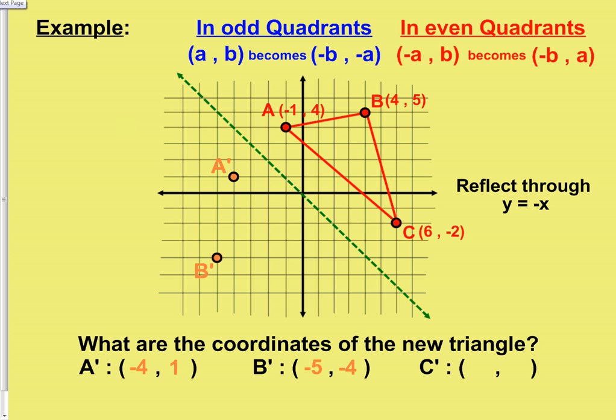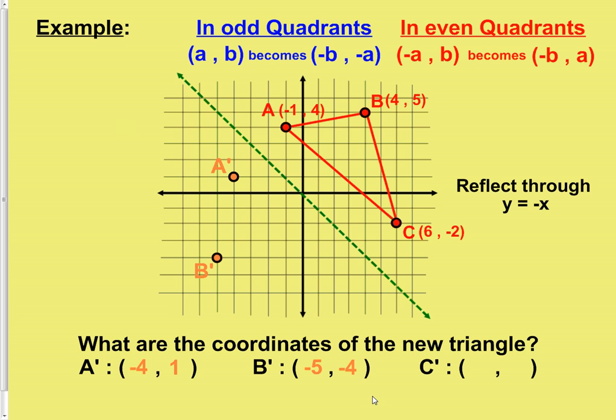Looking at point C, it lives at 6, -2. 6, -2 is in quadrant 4. That is an even numbered quadrant, so the rule says we're going to switch the x and y values, but we're going to leave the signs exactly as they were before the switch occurred. So if we are at +6, -2, we're going to switch the 6 and the 2, but we're going to leave the first value positive, change the second value to negative.